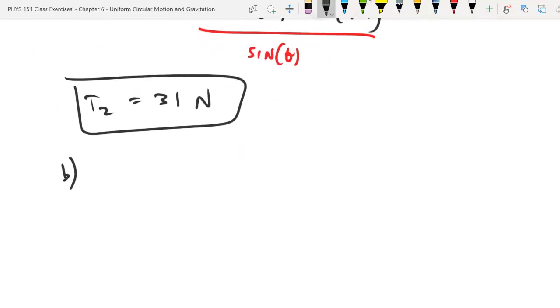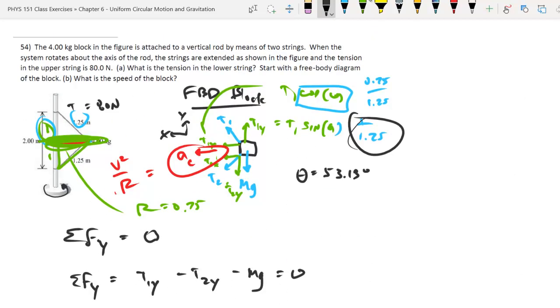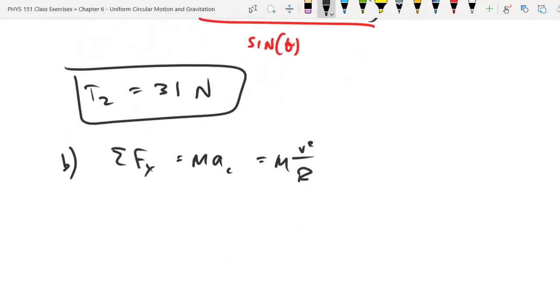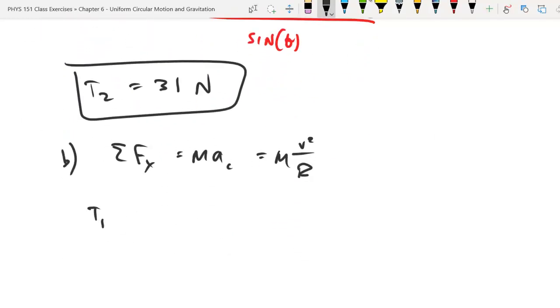For part B, we say that our sum of forces in the x direction equals mass times centripetal acceleration, so that's mass times v squared over r. And the forces I have in the x direction are just going to be T1x and T2x, right? So we have T1x plus T2x equals m v squared over r.